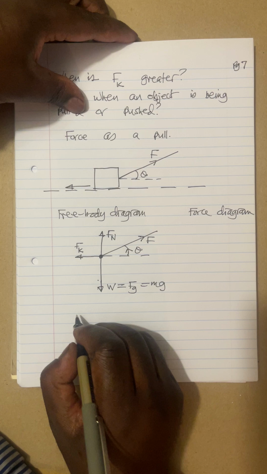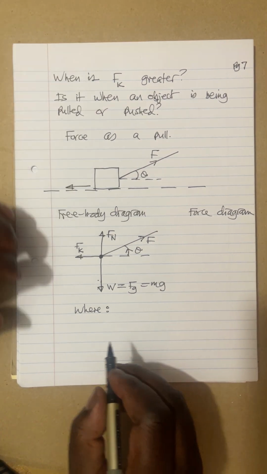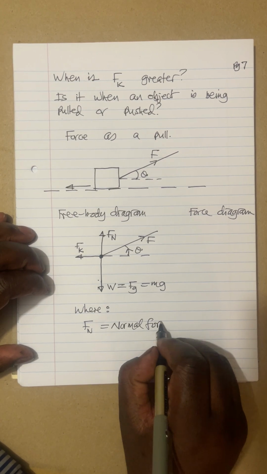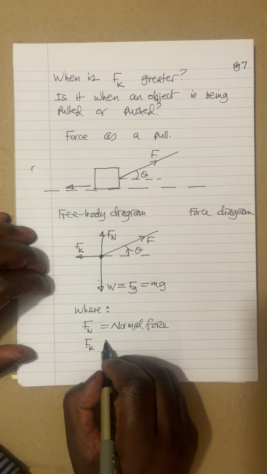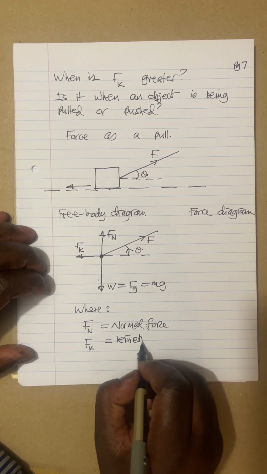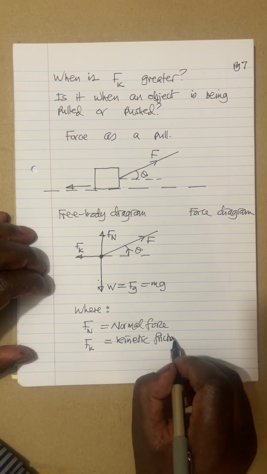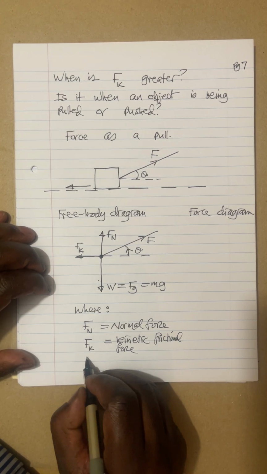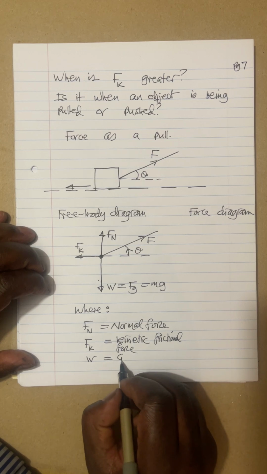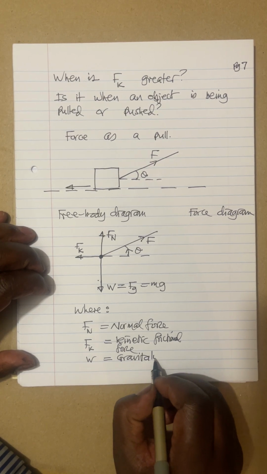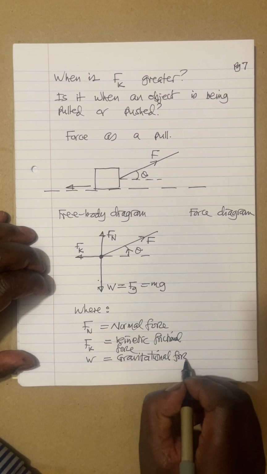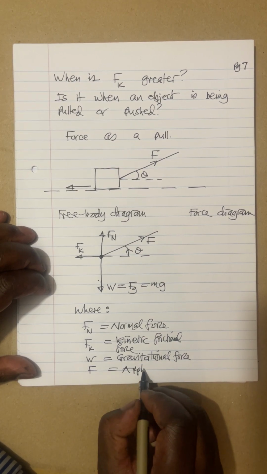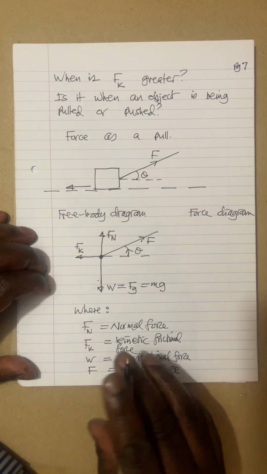Do not forget to say where Fn equals normal force, Fk equals kinetic frictional force, and W or Fg equals weight or gravitational force, and then we have our F, which is applied force.